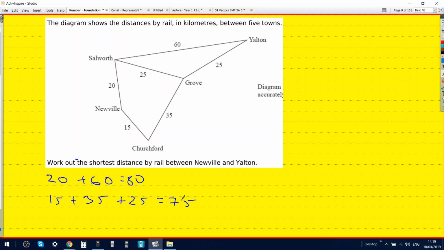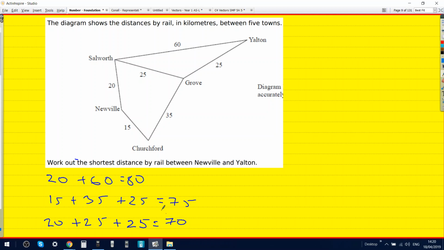The other alternative is from Newville to Southworth, from Southworth to Grove. So that's 20, that's 45, and then another 25. 70. So yeah, that's the quickest route.